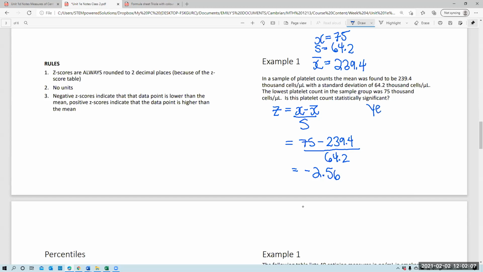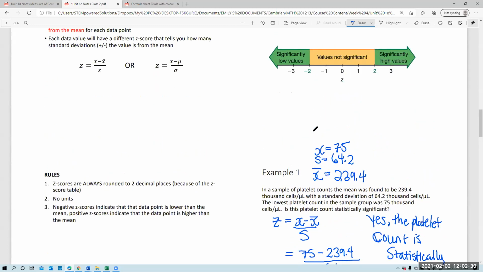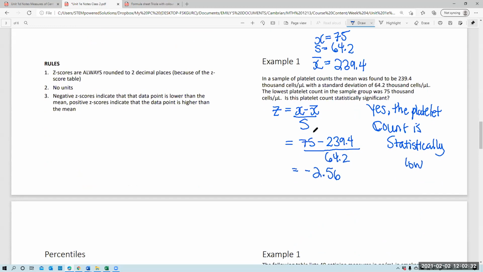So yes, the platelet count is statistically low.